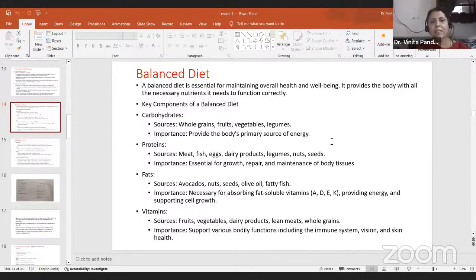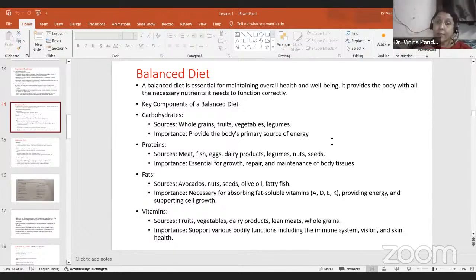So that is why you will see that the content of this slide and the previous slide looks overlapping, because actually these two concepts are also overlapping. Nutrition comprises all these things which you can see on the slide: carbohydrates, proteins, fats, vitamins, minerals, water. And balanced diet will include all these nutrients in the right amount.